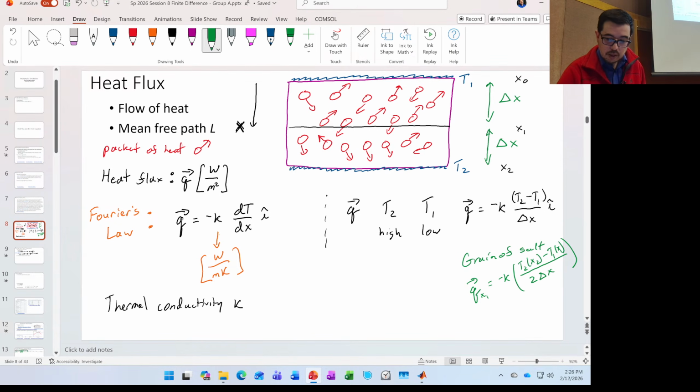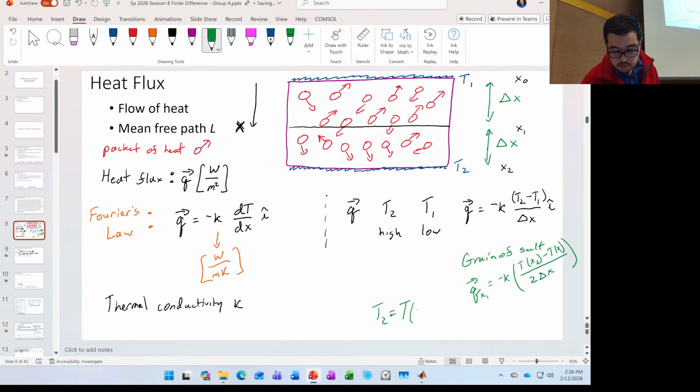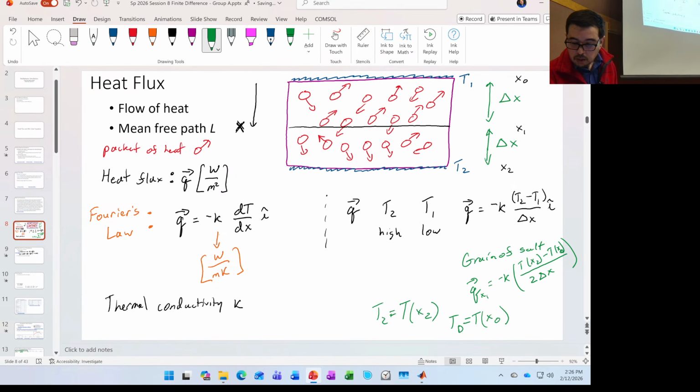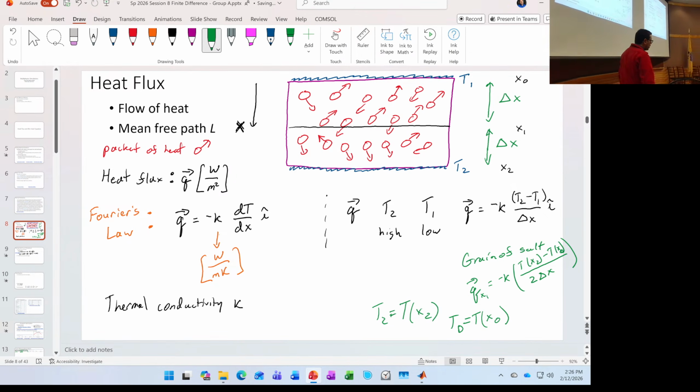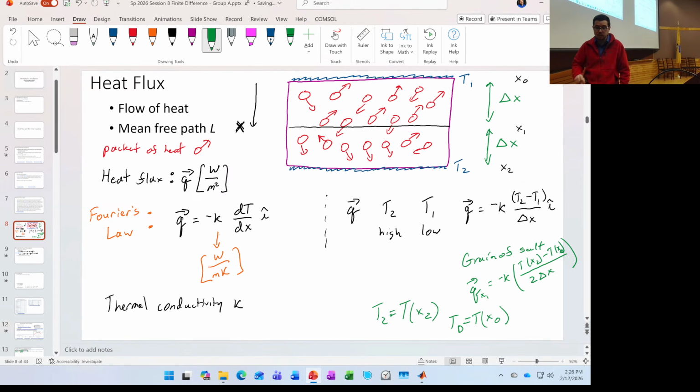I don't even have to write T2; I can just write that it's T of x2, and T0 is equal to T of x0. Okay, that math works out now, and that's why there's a negative sign there.